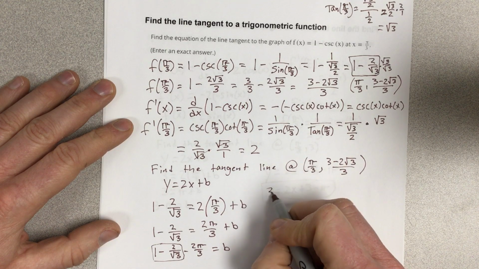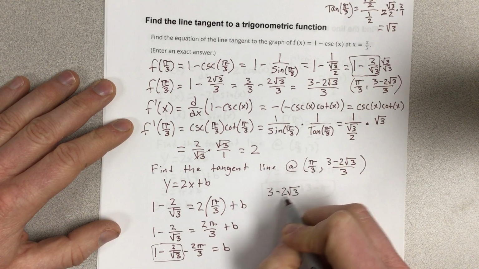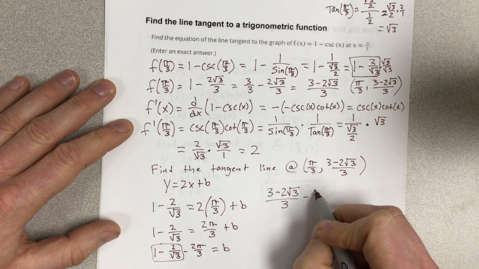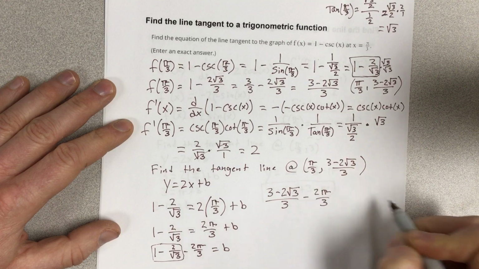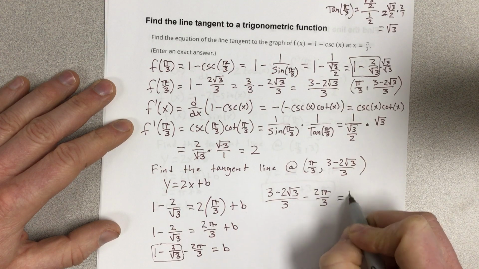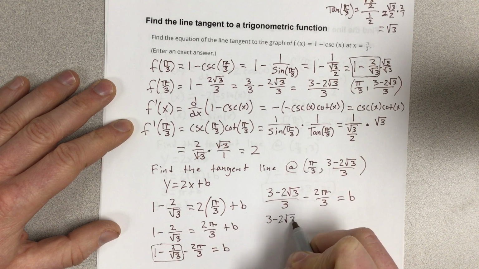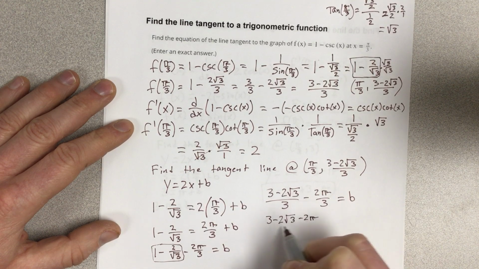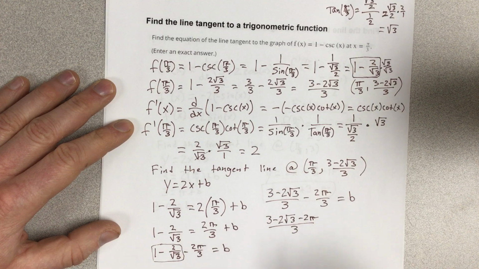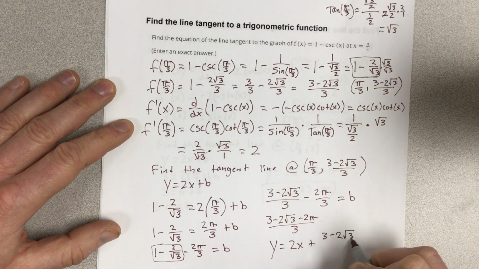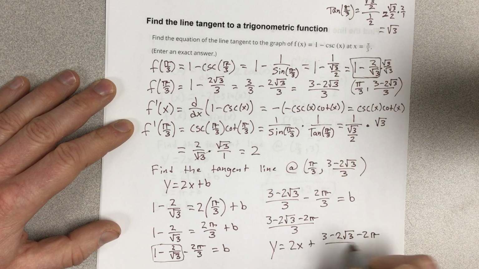So I'd have minus 2 pi over 3. I can combine that together. That's equal to b. So that would be 3 minus 2 root 3 minus 2 pi, all of that over 3. That's what b is. So my equation would be y equals 2x plus 3 minus 2 root 3 minus 2 pi over 3.